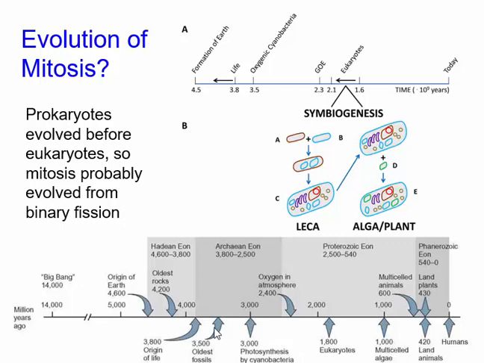These are prokaryotes. We start to see oxygen in the atmosphere 2.4 billion years ago. And then the evolution of eukaryotes somewhere between, depending on who you ask, 2.1 to 1.6 billion years ago. And so eukaryotes evolved later. And so if we look at some other eukaryotes, we see hints of binary fission in how they undergo cell division.